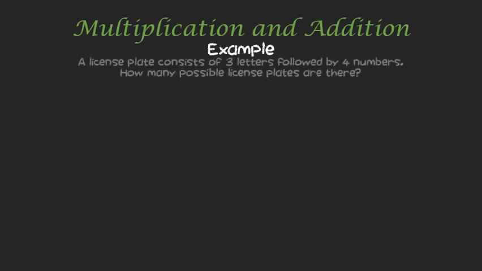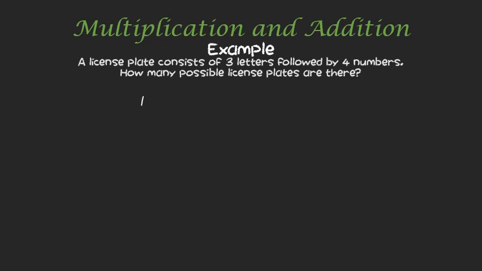All right, so let's see this in action. Let's say we have a license plate and it consists of 3 letters followed by 4 numbers. And we want to know how many different license plates one can make using 3 letters followed by 4 numbers. For things like this, this is really representing a string where the first 3 entries are letters and the last 4 entries are numbers.